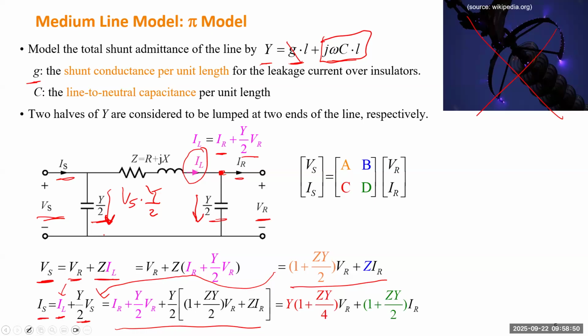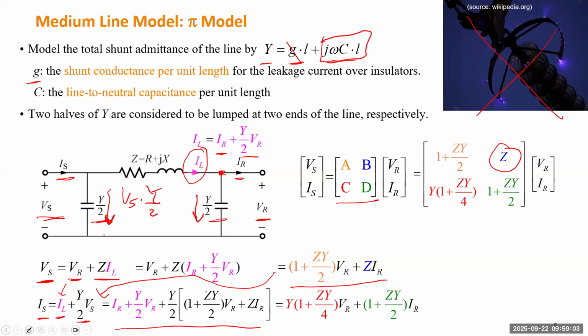Okay, so we use some colors to match the result to the transformation. So finally, we'll have this transformation. Compared to the short line, this impedance stays, but all the other elements are different, right? For the short line, this one is 0, right? Remember, because if you ignore this Y, this one will be close to 0.